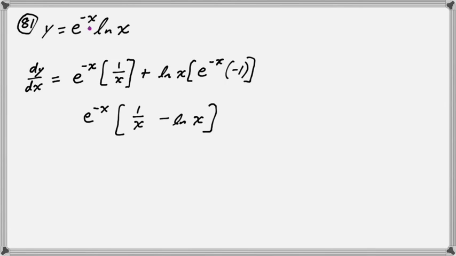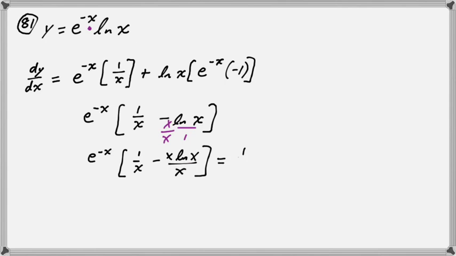Let's see, I don't know how we want to do this. e to the negative x, 1 over x minus ln x. If I was to do this, I'd have a common denominator. Now I'd have x ln x over x.